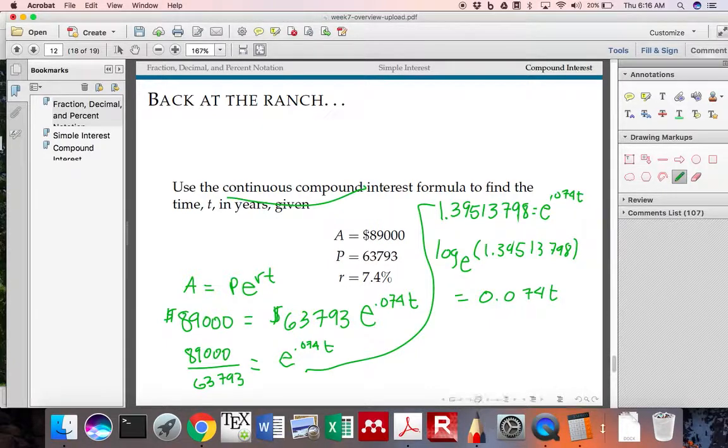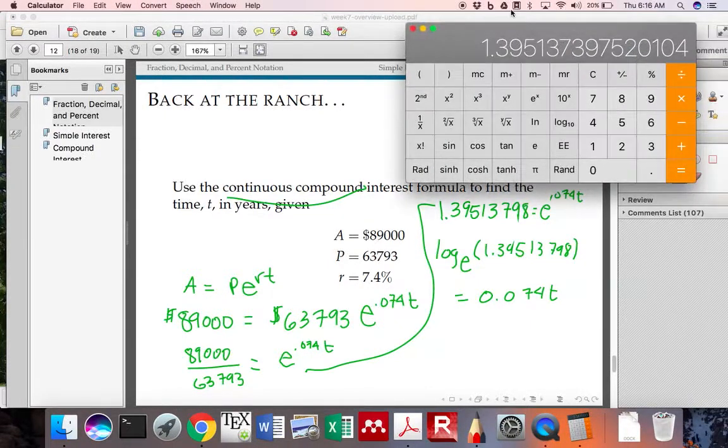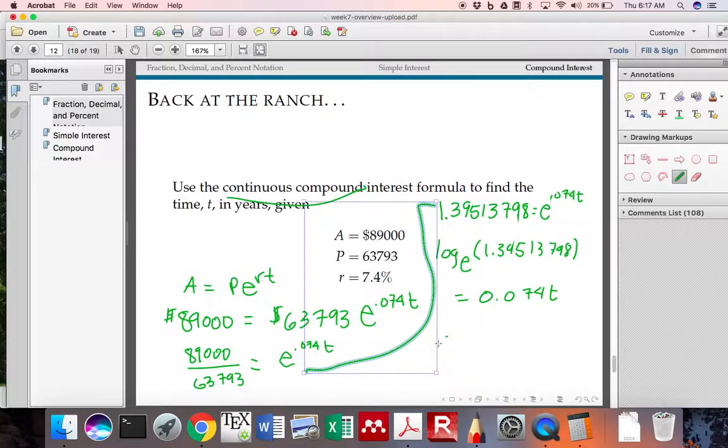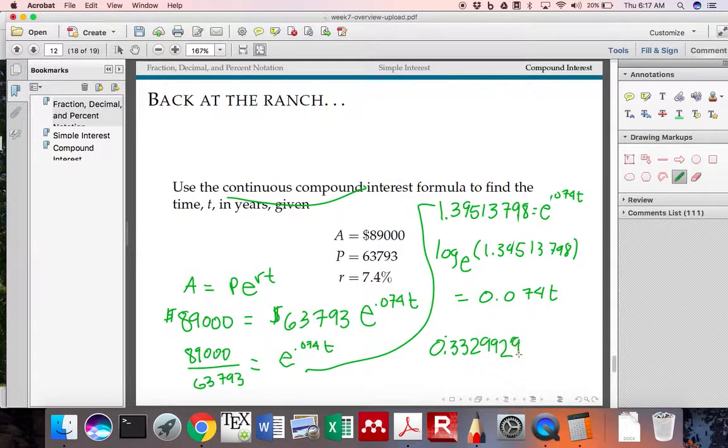So now we can go back to our calculator and see how I left this expression in here. Now I have a ln key, calculate the natural logarithm. That is the natural logarithm. So we have 0.3329929 equals 0.074t.